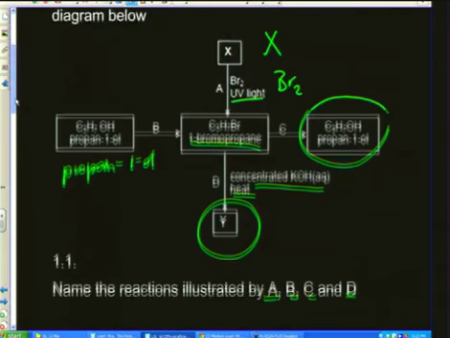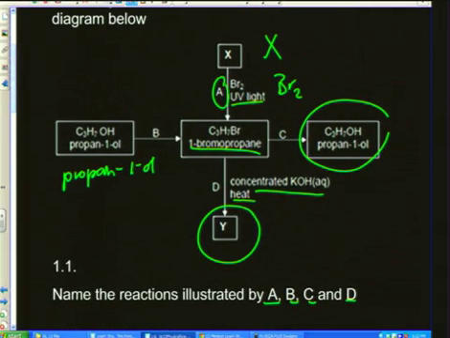So first of all, let's start off with A. When A goes from X, and we don't know what X is, but we've been given the clue that it's bromine that is being used, and we make 1-bromopropane. It's not saying this is the whole reaction.